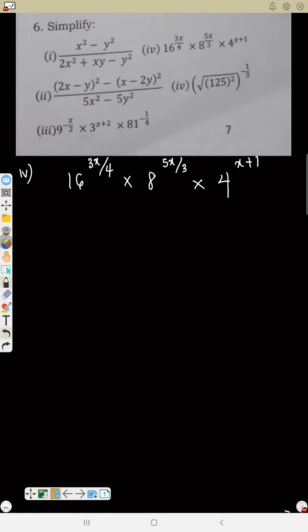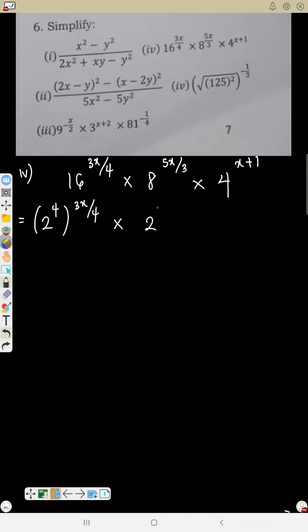So change everything to its index form. 16 is 4 square, or let's use 2 raised to power 4, raised to 3x divided by 4.